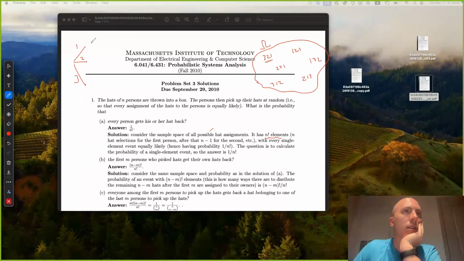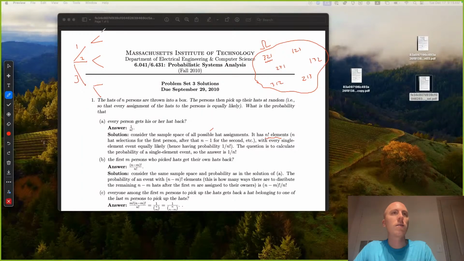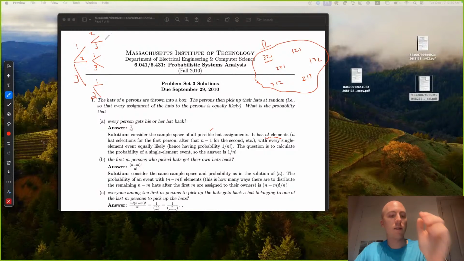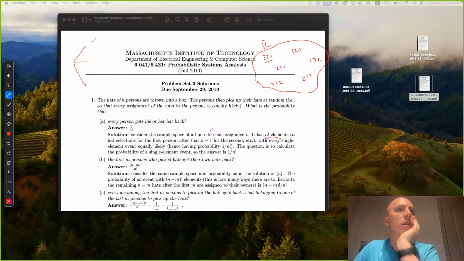And then for the next one, there are two things you can draw: two and three, one and three, one and two. I can actually just draw it as 1, 2, 3, like this. It's a little cleaner if we don't have probabilities.